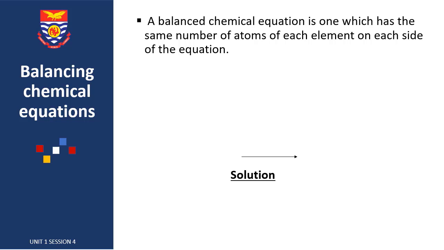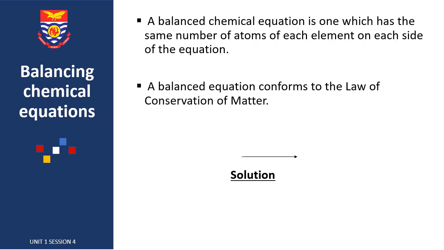We will look at examples, but a balanced equation, once again, conforms to the law of conservation of matter. In other words, we are writing an equation in which we are not creating matter or destroying matter.